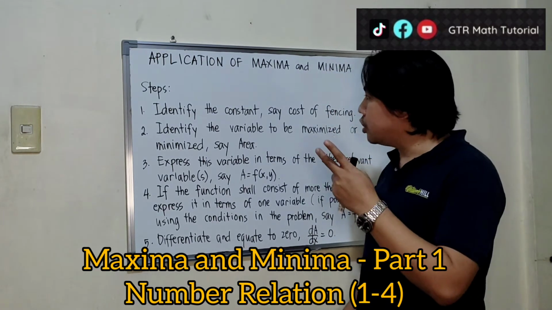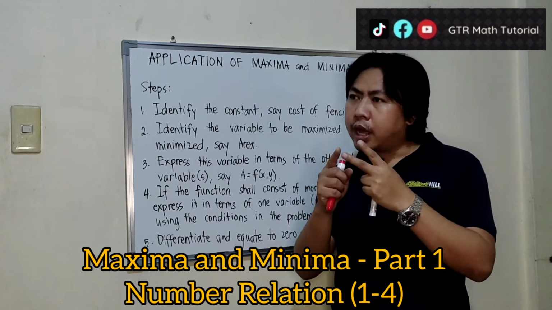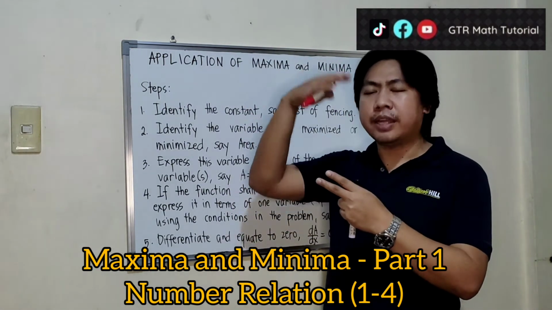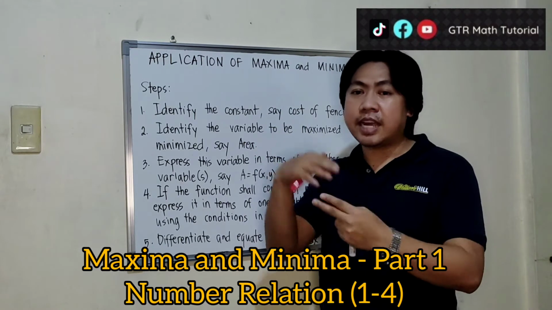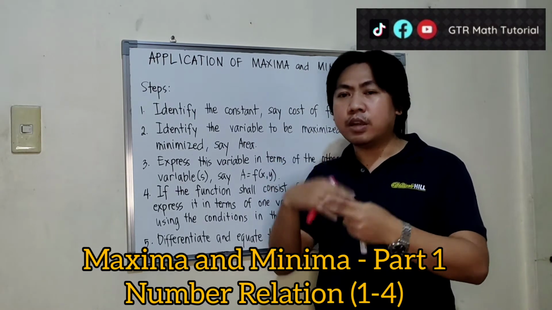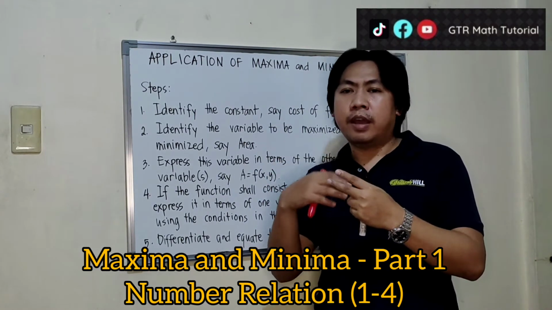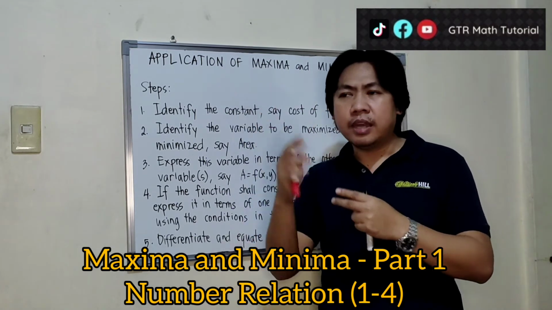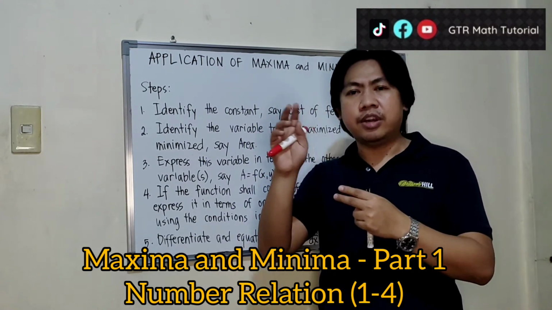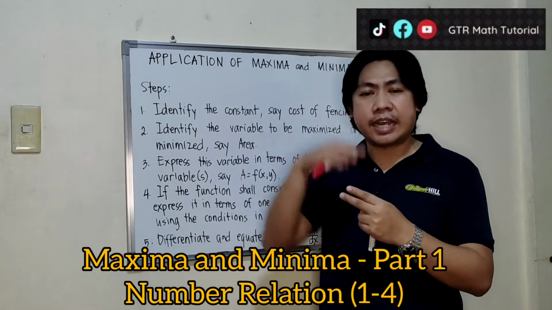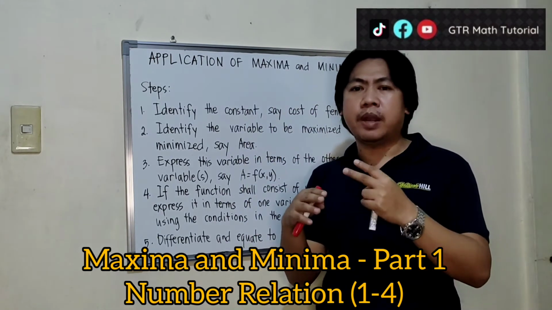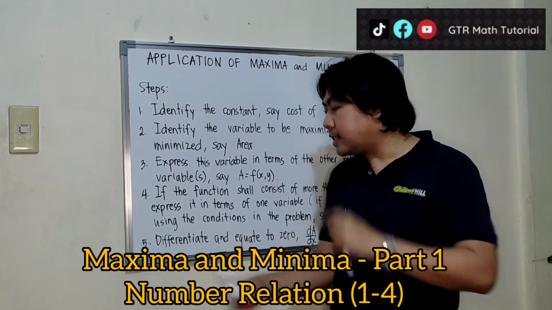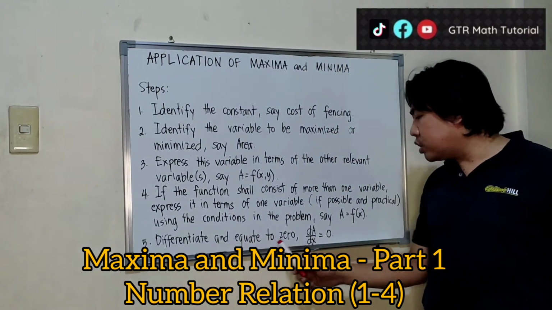We solve for x in the first equation and then substitute it in the second equation, so that the second equation becomes a function of x only or y only. Then the last step: differentiate and equate to 0.